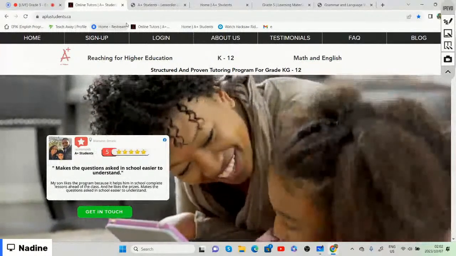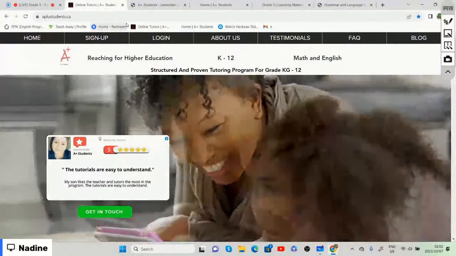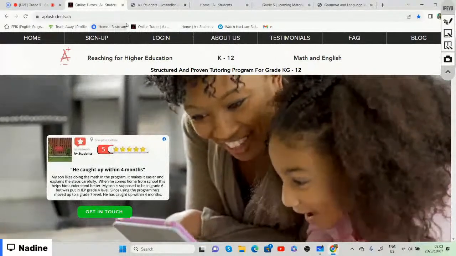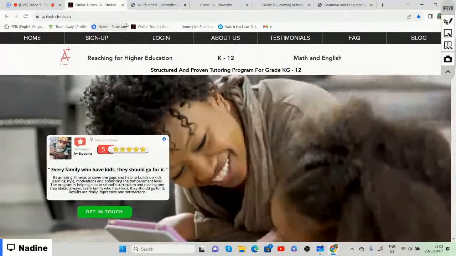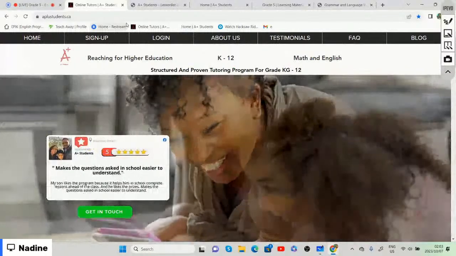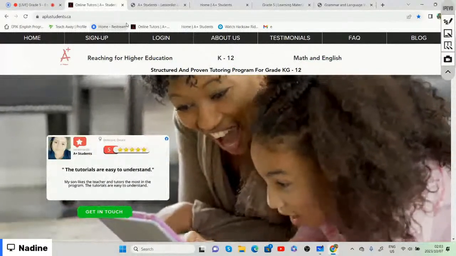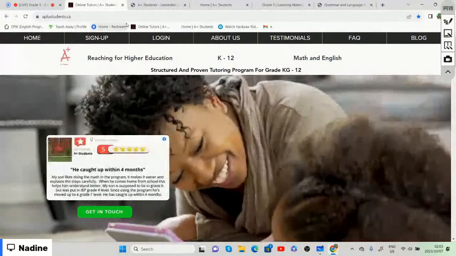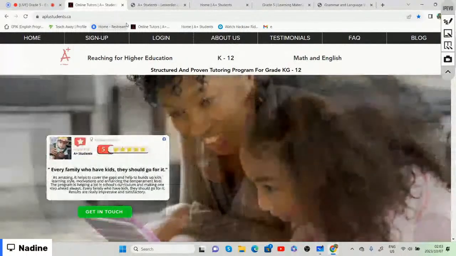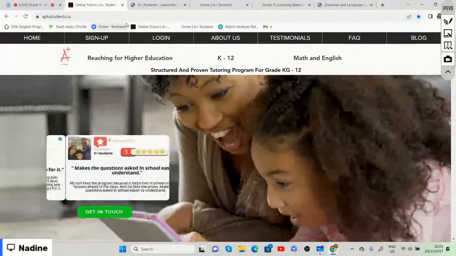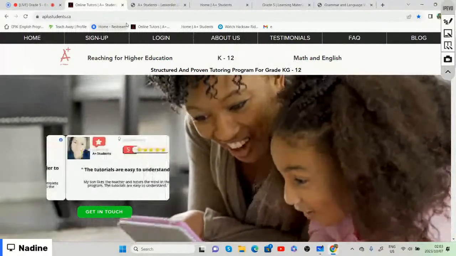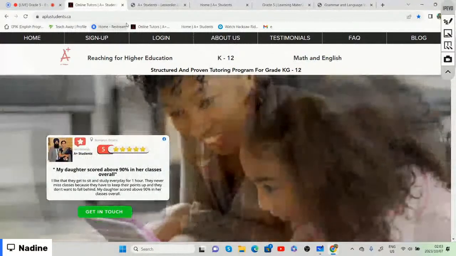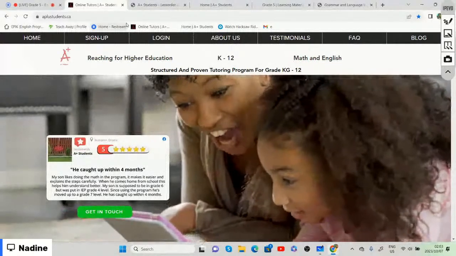Once you've logged in with your username as well as your password, you're going to select the subject of language arts, grade 5, and then scroll down until you get to the chapter of perfect verb tenses.